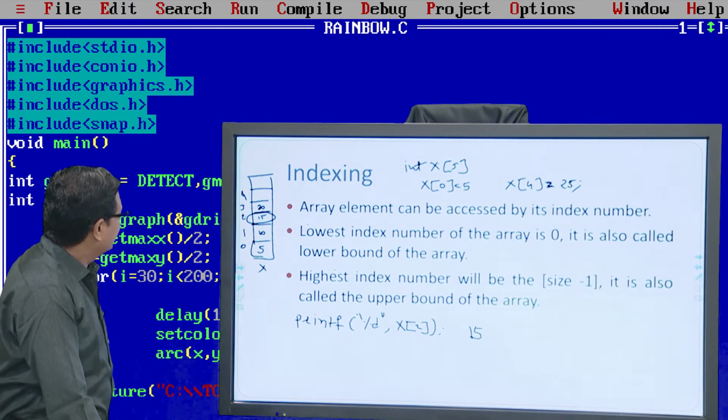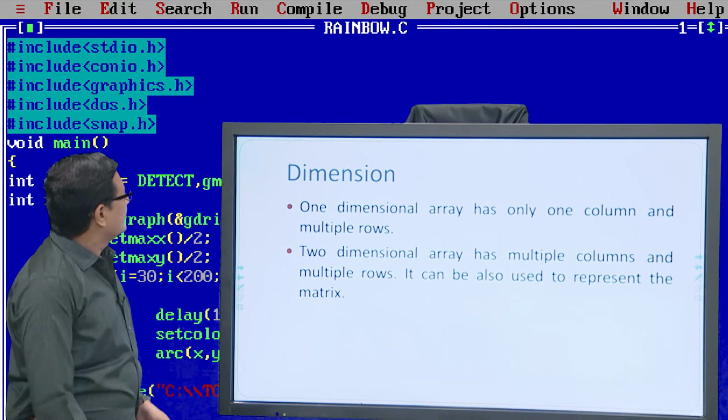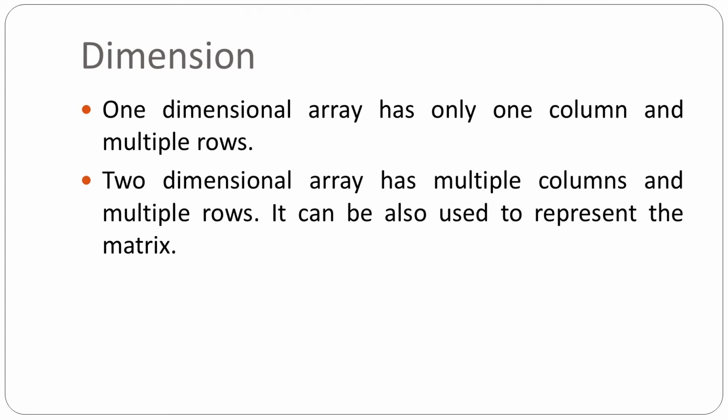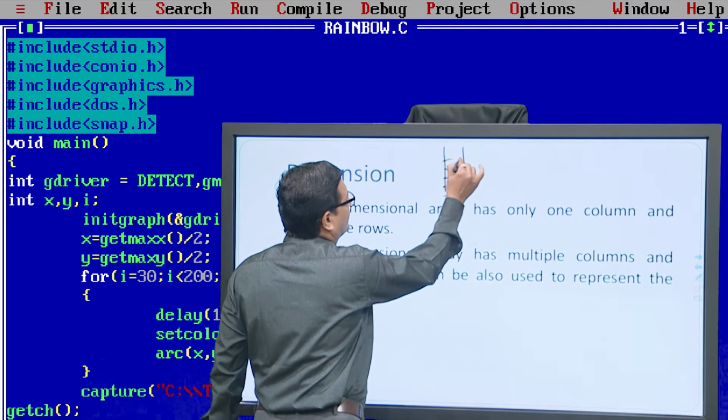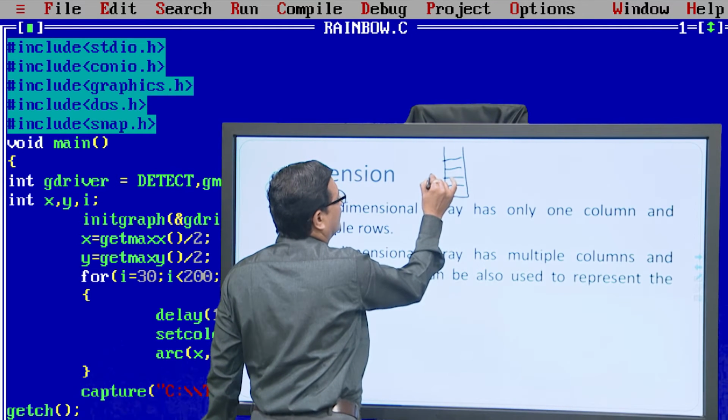Now, we will go ahead. There are two different types of arrays. One is called a one-dimensional array. A one-dimensional array is something where we have only one column and a number of rows: 0, 1, 2, 3.